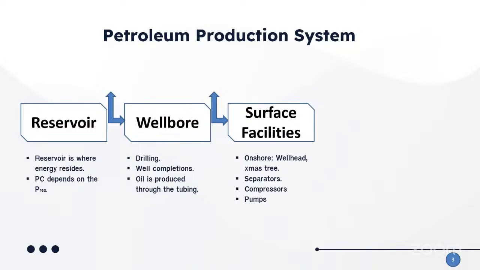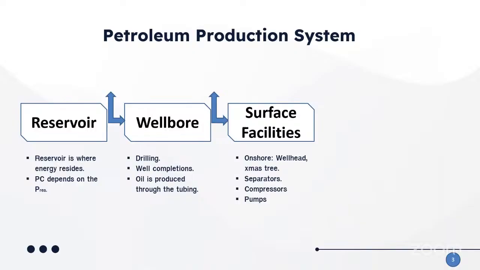That's for onshore. When it comes to offshore, the wellhead and Christmas tree can still be considered as being at the subsurface because they rest on the bottom, beneath the water, on your sea floor. Then the riser will bring it to the surface.